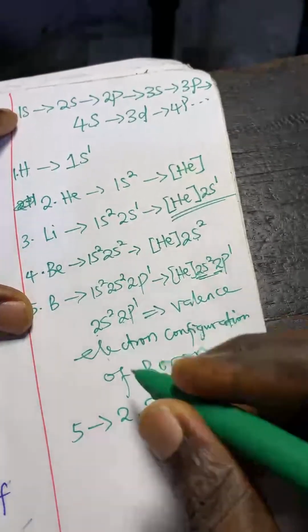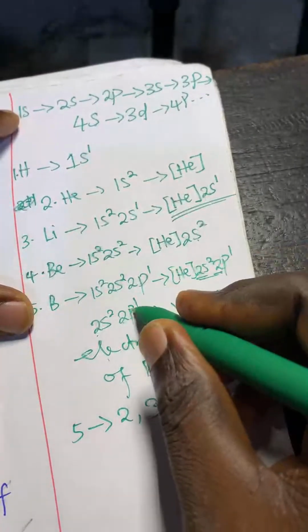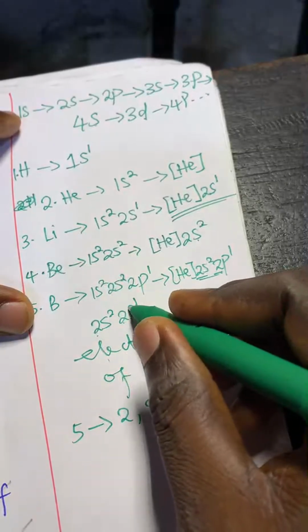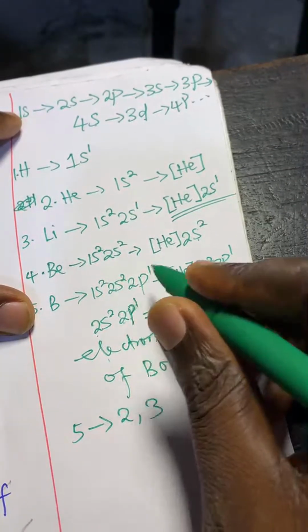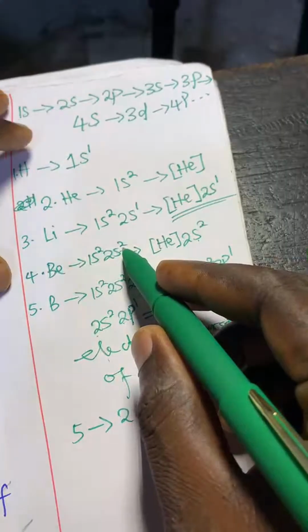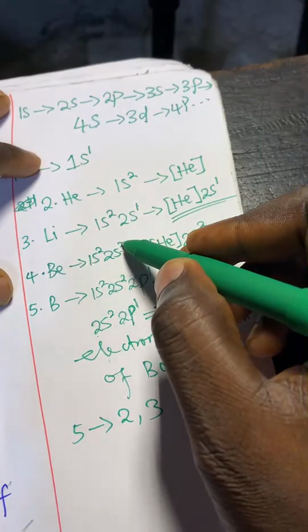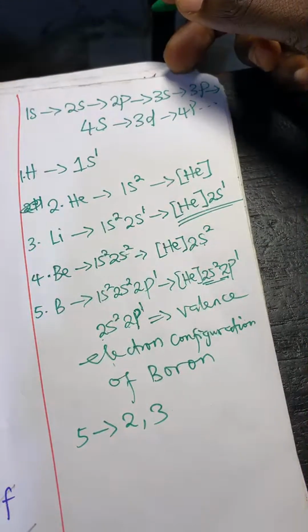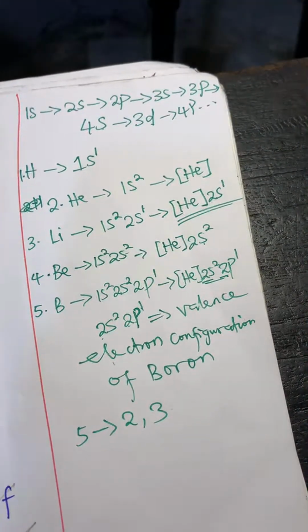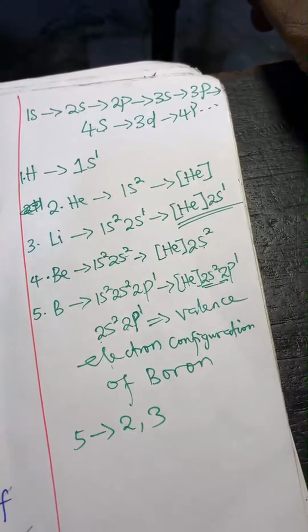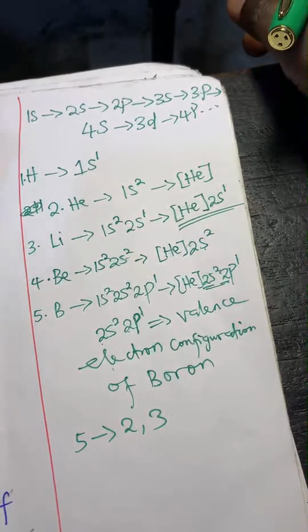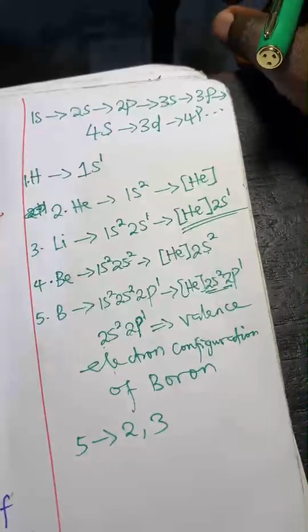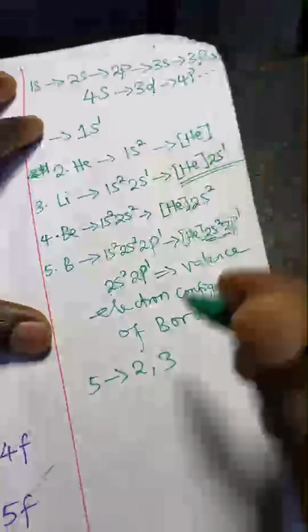So you can easily say 1 plus 2, 3, if it is P block. But if it is S, like what we have here, this is group 1, this is group 2, because S block elements are just group 1 and group 2 elements: the alkaline earth metals, which is group 2, and the alkali metals, which is group 1. That is your S block element.